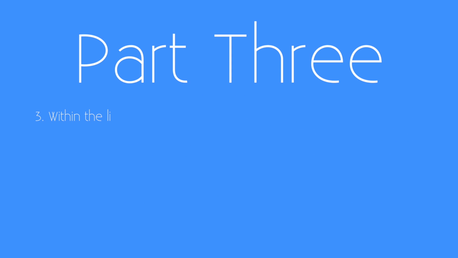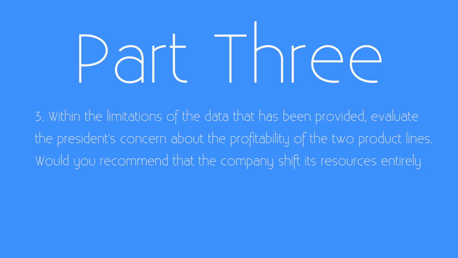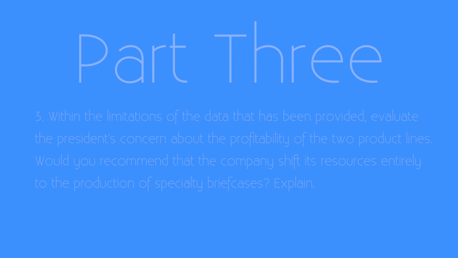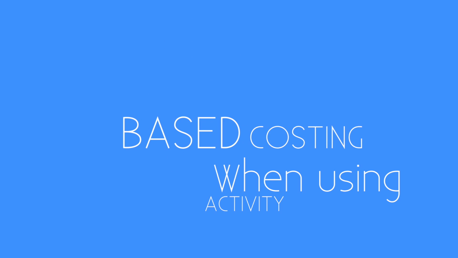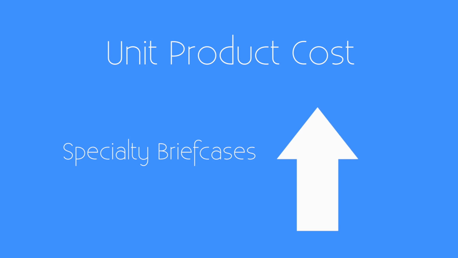Then, within the limitations of the data that has been provided, evaluate the president's concern about the profitability of the two product lines. Would you recommend that the company shift its resources entirely to the production of specialty briefcases? Explain. When using activity-based costing, it was discovered that the unit product cost of the standard briefcases was lowered, and the cost of the specialty briefcases was raised.